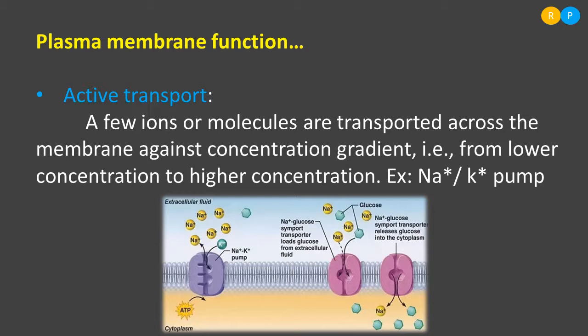By oxidative respiration, the cell releases lots of energy. A part of the energy is utilized by the pump in order to cause the movement of molecules from lower concentration to higher concentration. Understood, right? This is about active transport.